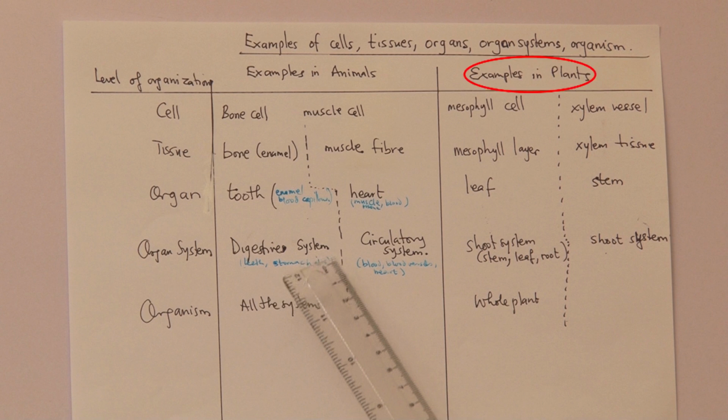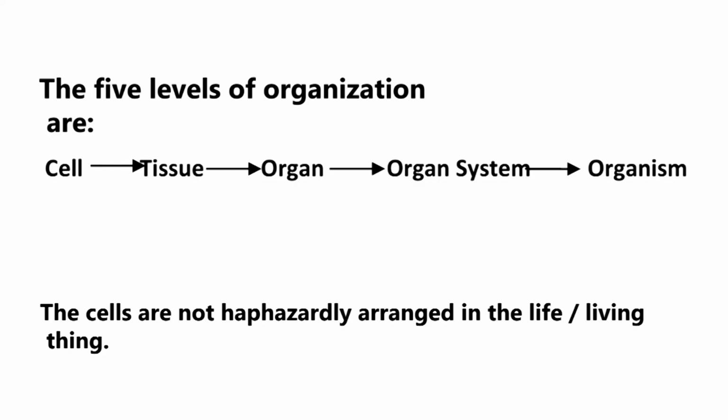And then you have a shoot system, and then you have a plant. So examples of the level of organization, the 5 level organizations, you see cell, tissue, organ, organ system, organism. That is how cells are organized in an organism, not haphazardly at all.